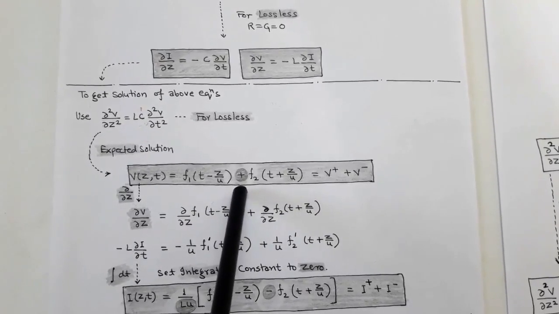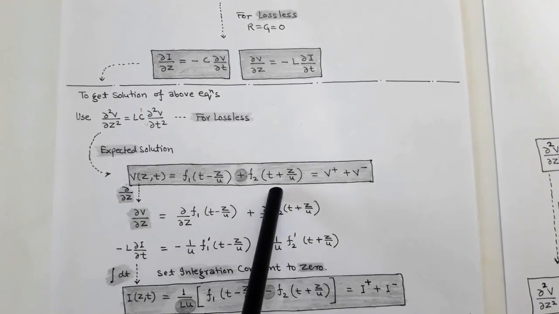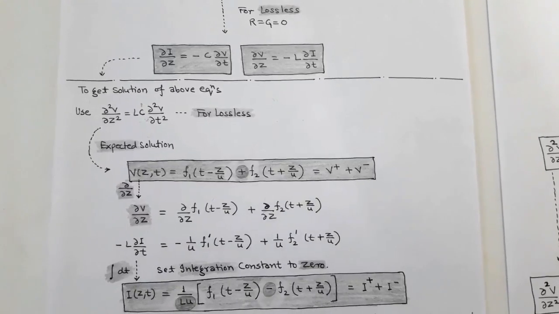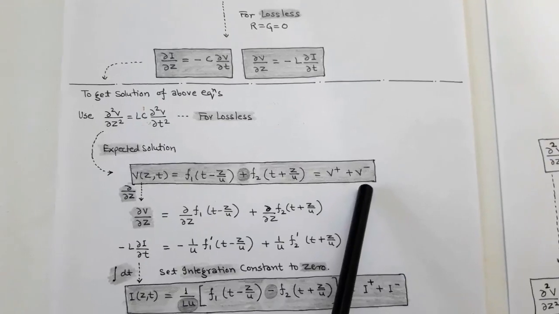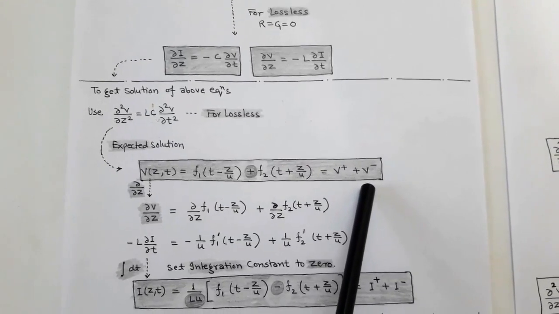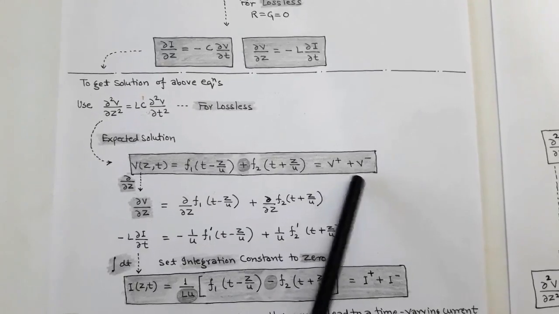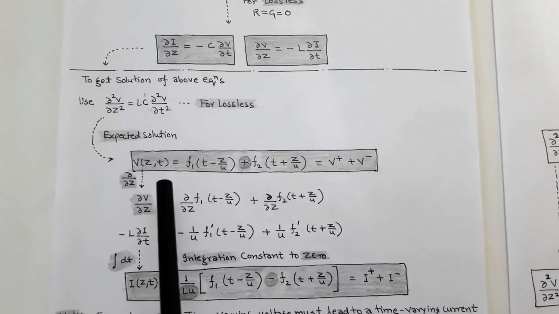In the forward function the argument is t minus z upon u, and in the backward function the argument is t plus z upon u. The forward function is represented by v plus and the backward function by v minus. This is the expected solution for lossless propagation in the case of a second order equation.